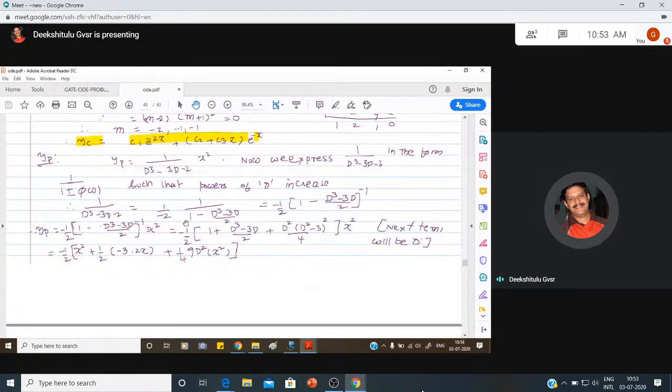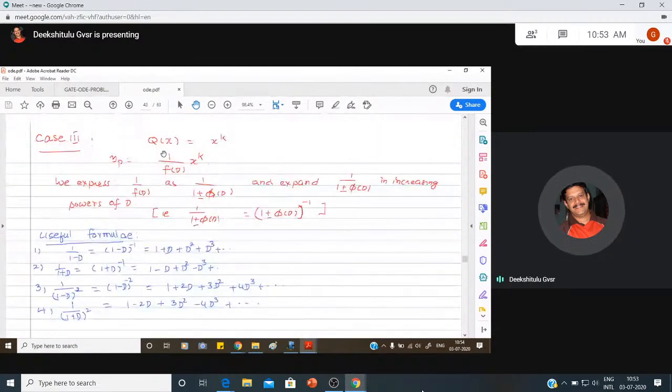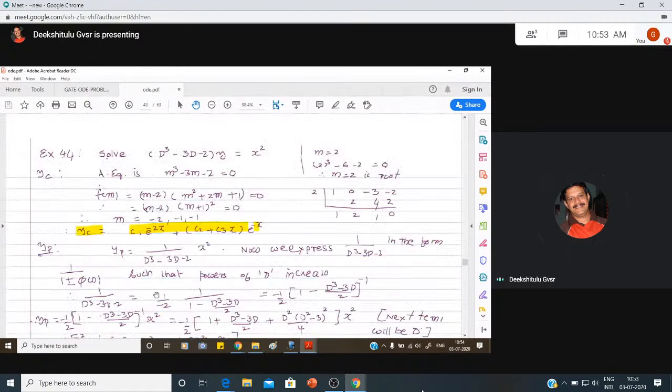Coming to the particular integral, as I said, 1 by f of d. So 1 by d cube minus 3d minus 2 operated on x square. Now, as I said, we express 1 by d cube minus 3d minus 2 in the form 1 by 1 plus or minus phi of d, such that powers of d increase.